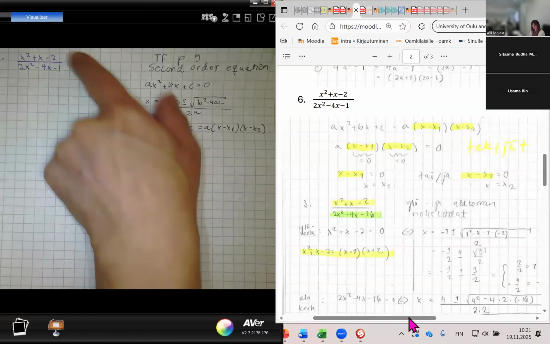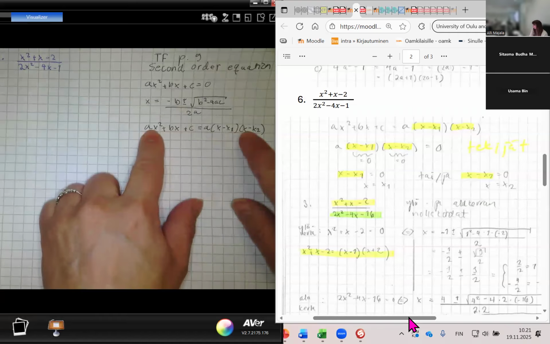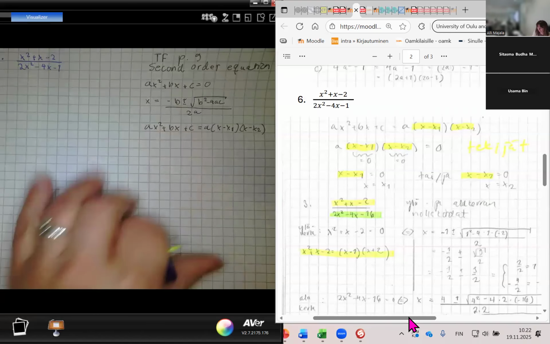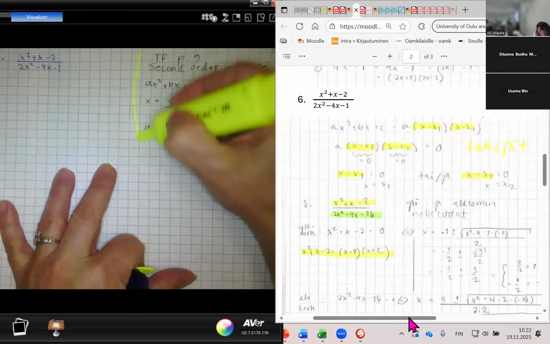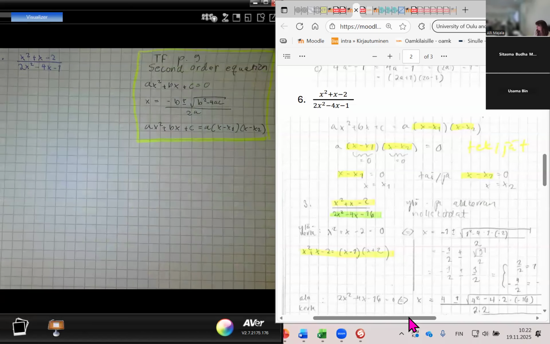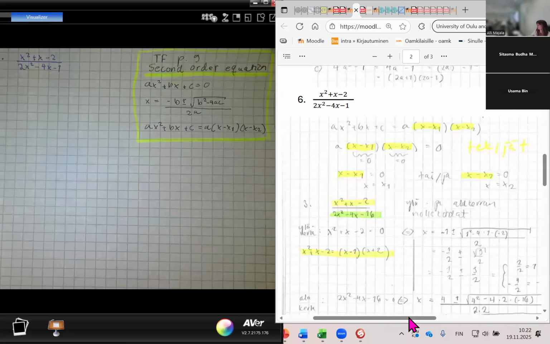So both of these expressions I would rewrite like this. So I first solve them and then I rewrite them.